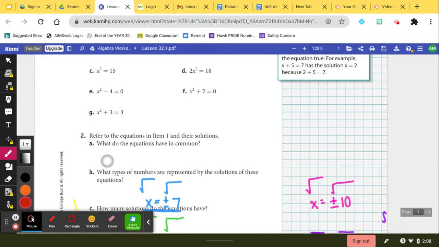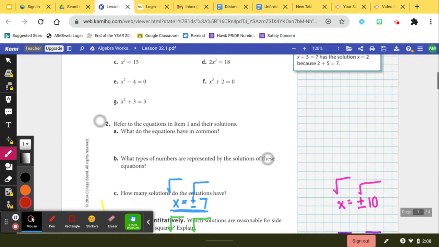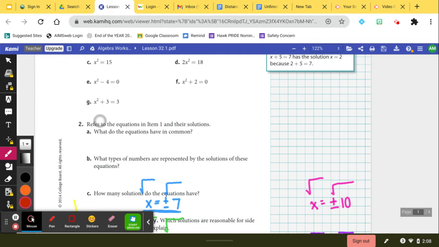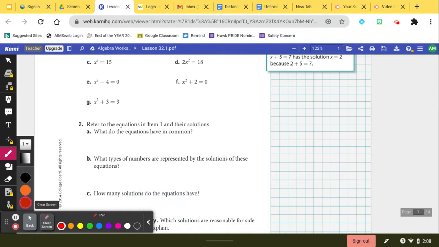Well, except for F, where we had no real solutions, I'm going to clear the screen. The types of numbers represented by the solutions were all real numbers. All real numbers. Except F, where we had no real solutions.